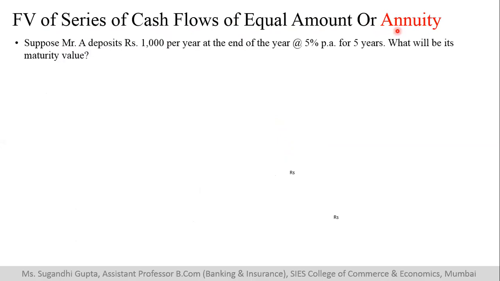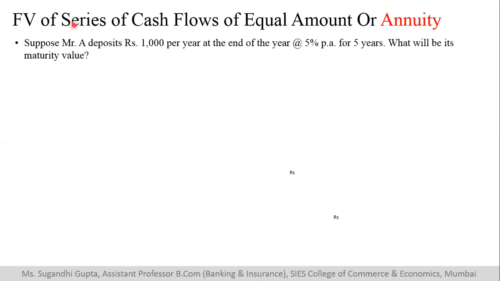Now, when I say this, it means that I have deposited a particular amount of money multiple times in a particular bank or any investment. So maybe like a recurring deposit every month or every year, I might have invested say 5,000, 6,000 rupees, but it is a recurring thing for a particular period of time. That will be called an annuity.